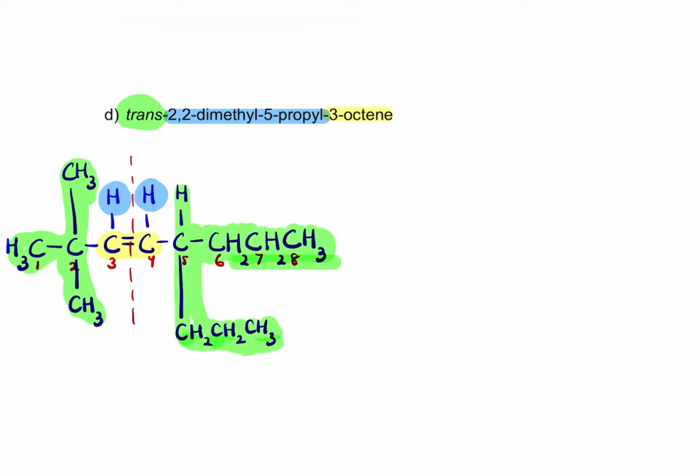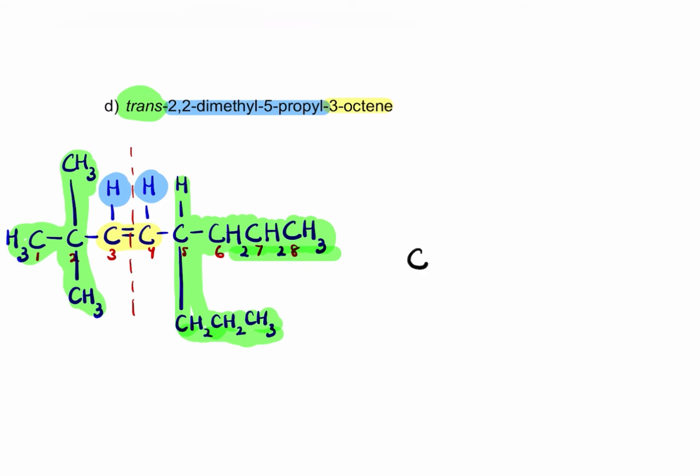So now I'm going to draw them in horizontal V shape, where I'm going to start from carbon number 3 and number 4, but in trans. So I'm going to show hydrogen at carbon number 3 and number 4 on opposite sides. Let's try to do it one by one. Let's start with carbon number 3 bonded to carbon number 4.